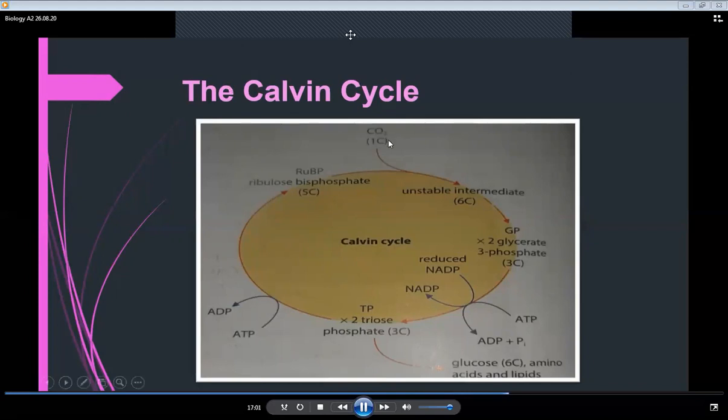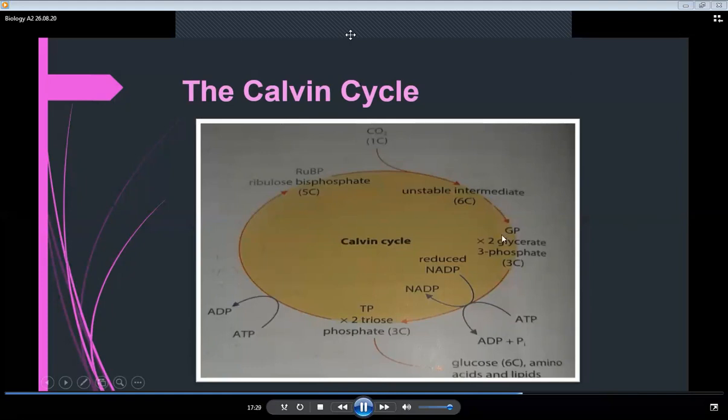So carbon dioxide, which is one carbon, combines with this 5-carbon compound, ribulose bisphosphate. As a result, a 6-carbon compound is formed, but this 6-carbon compound is highly unstable. As soon as this unstable intermediate is formed, it breaks up immediately into 2 molecules of a 3-carbon compound.